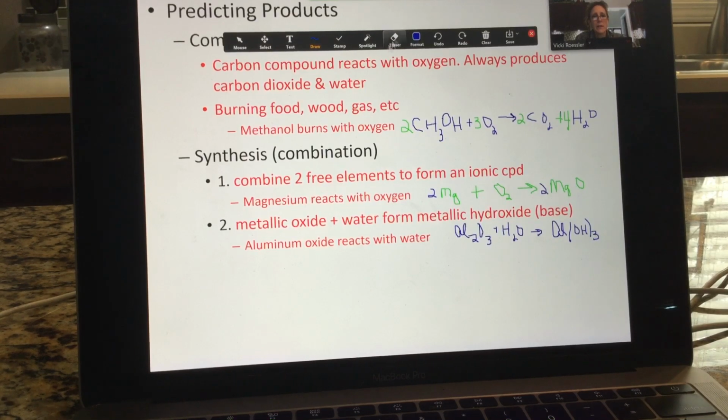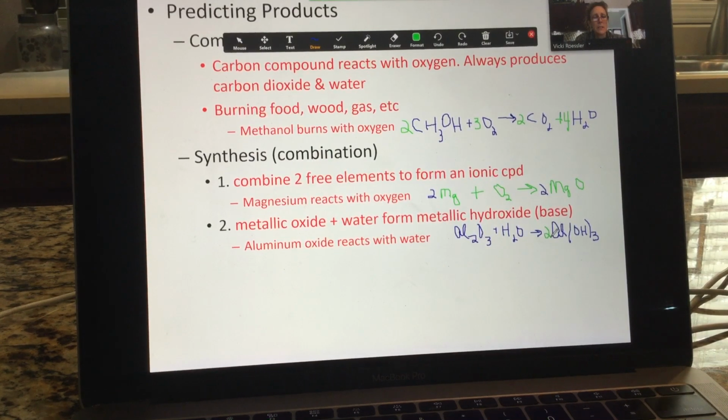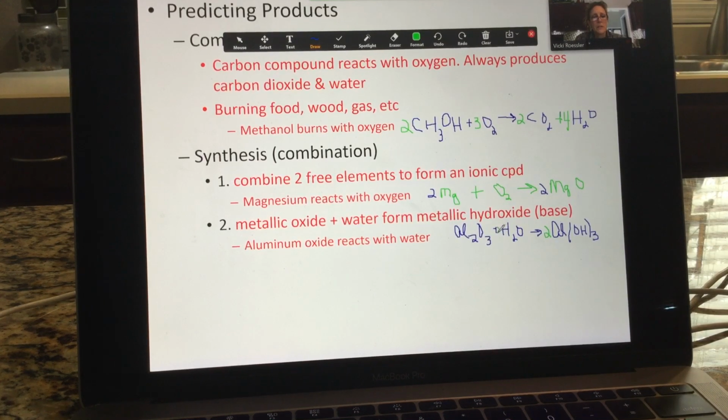And then again, we need to make sure we balance these. So here our metal has 2 aluminums on the product side, so let's put a 2 there. And then hydrogens, that's going to give us now 6 hydrogens over here on the product side. So I'll put a 3 here, sorry, to make a 6. And then in this case, our oxygen's automatically balanced.